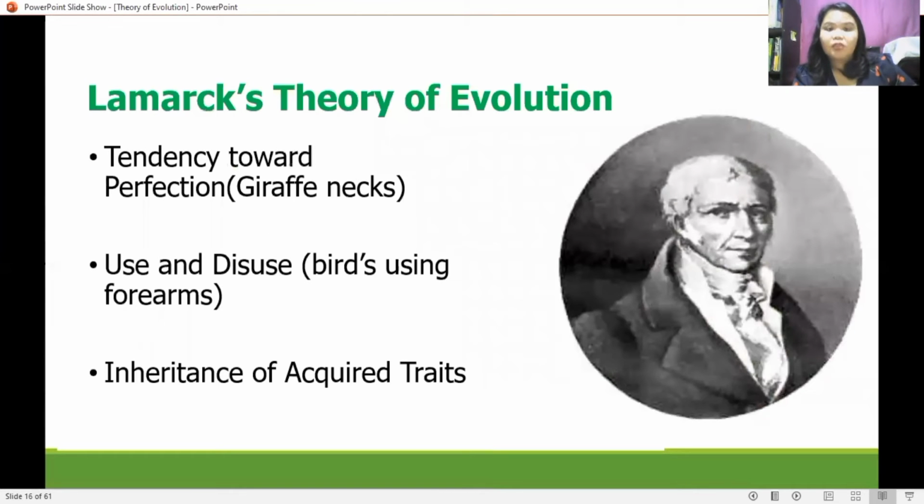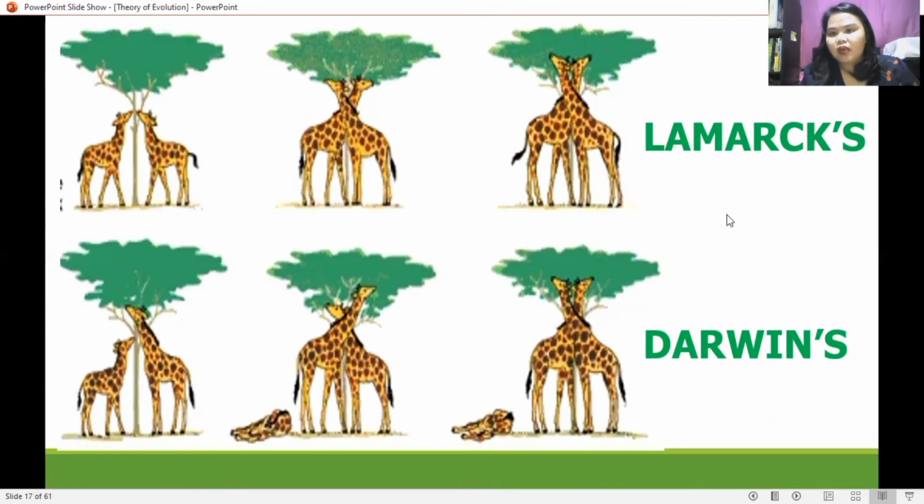And then Lamarck's theory of evolution: the tendency toward perfection, use and disuse, and the inheritance of acquired traits. Lamarck's giraffe and Darwin's giraffe. For Lamarck's giraffe, we have here a variation: giraffes with short necks, in an environment where there are tall trees and they cannot reach them.